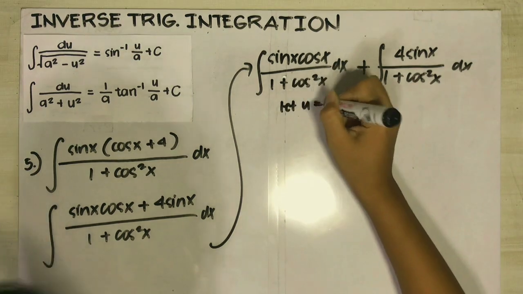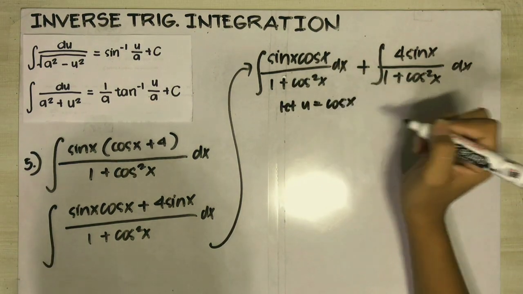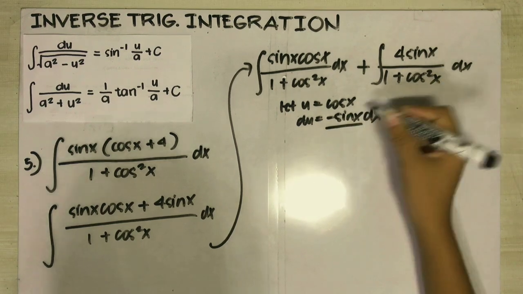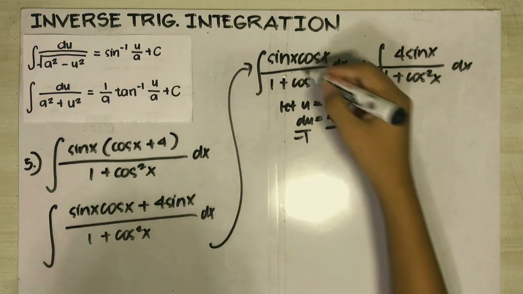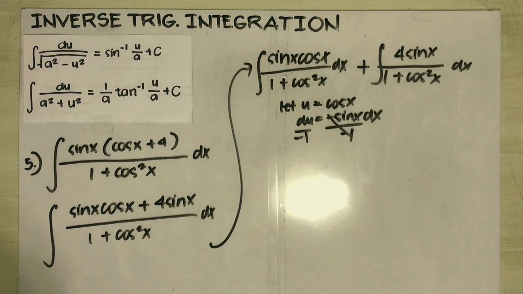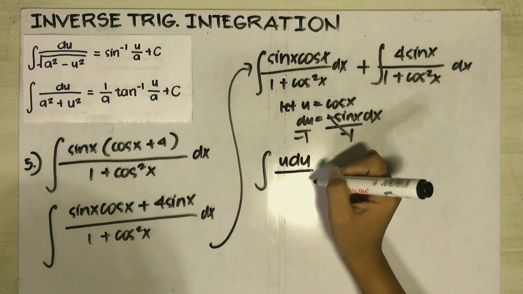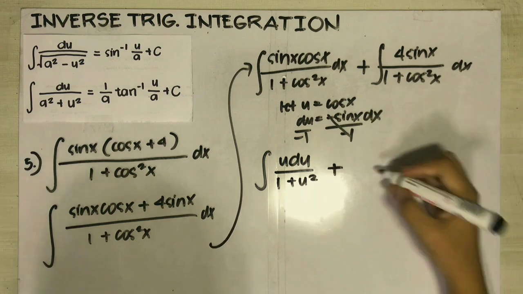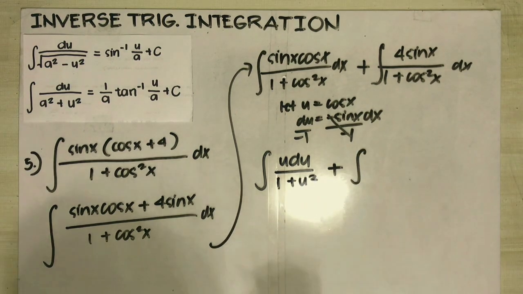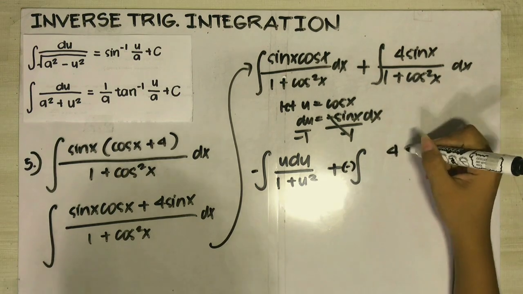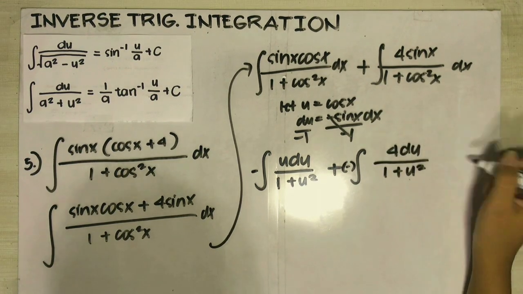Now let's let u equal cosine x. So this is equal to negative u du over 1 plus u squared plus negative the integral of 4 du over 1 plus u squared.